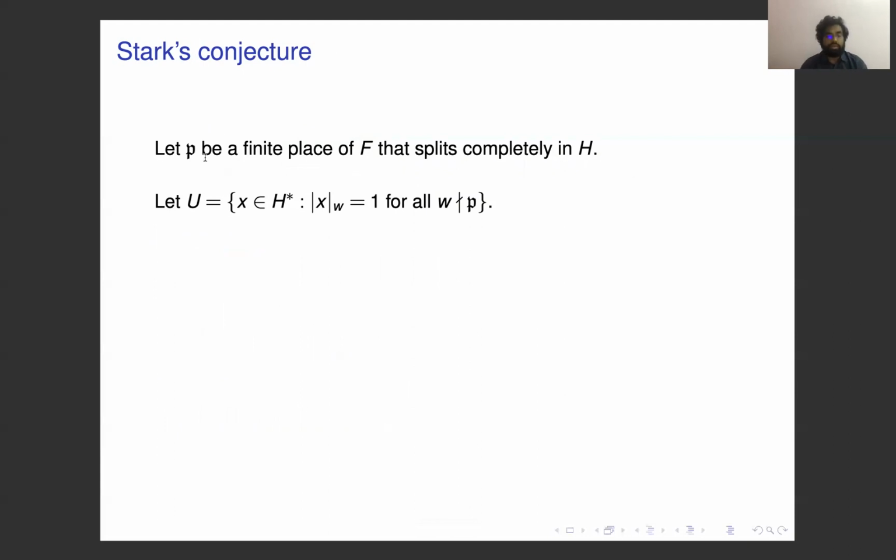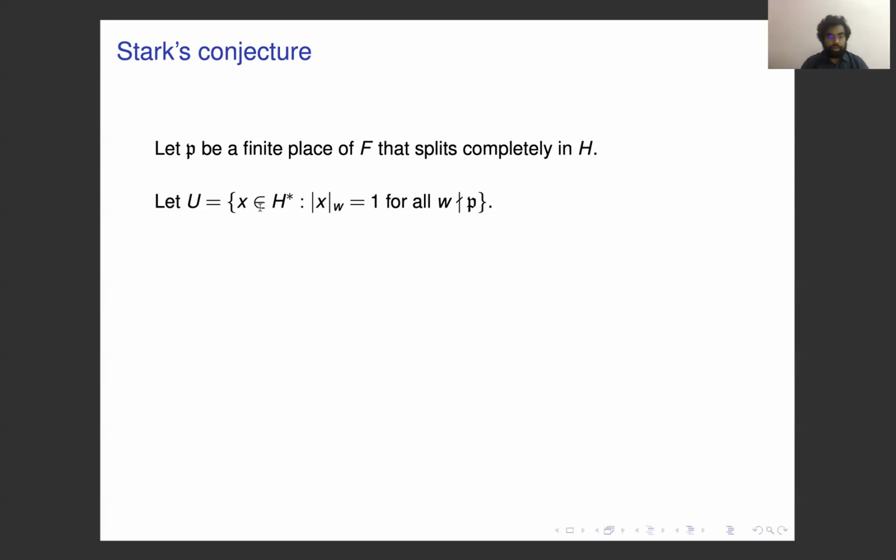Okay, so for this I need a finite place P of F that splits completely in H. Stark's conjecture always has places of F that split in H. They could be finite places or Archimedean places, but now I'm taking a finite place.